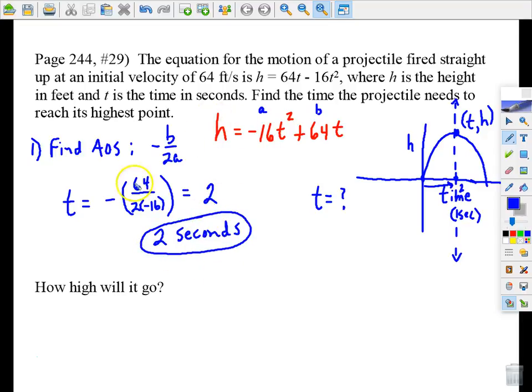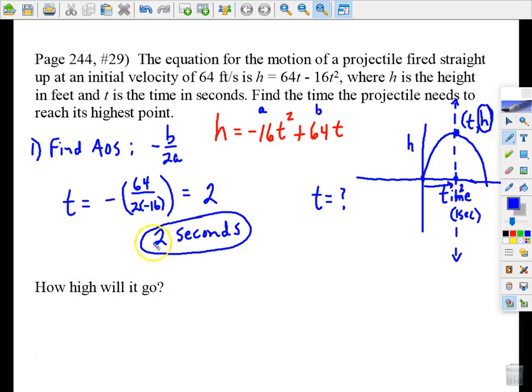That takes care of the first question. And then how high will it go? Well, the answer to that is finding h for that t that we just found. So in other words, all you're really doing is finding the vertex. The x-coordinate of the vertex will be the time necessary, and the y-coordinate of the vertex will be the answer to the height question.